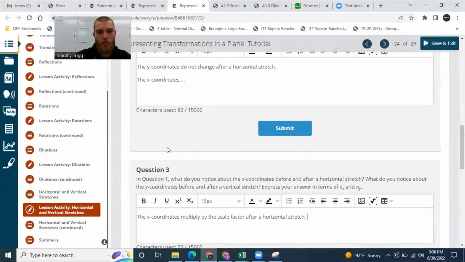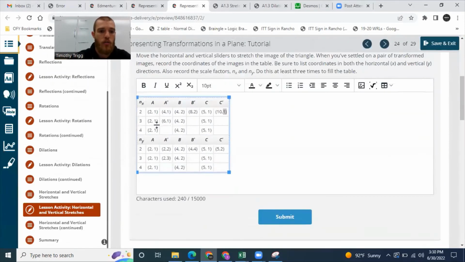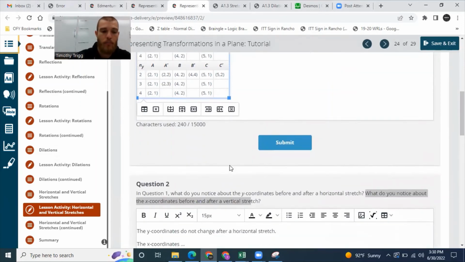And that should make sense, right? We kind of see that already. For a horizontal stretch, the x coordinate went from 2 at A to 4. Notice it multiplied by the scale factor of 2. 2 times 2 to get 4. The next one, 2 times 4 to get 8. Then 2 times 5 to get 10. So with a horizontal stretch, the x coordinates get multiplied by the scale factor.